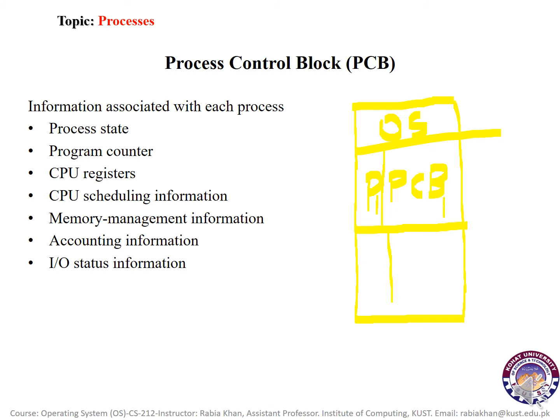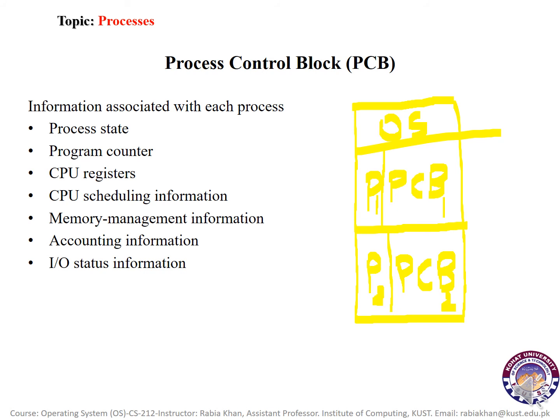Similarly, other process P2 is loaded here at second place. So its controlling information in PCB will be loaded along with it. So wherever your process resides, its PCB resides along with it. So the process P2 has PCB P2 along with it here. So every process has its own PCB.